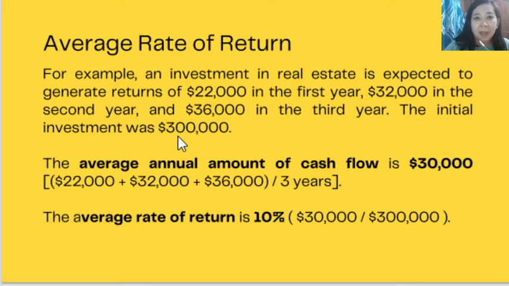Just like what we have explained in the definition of the average rate of return, in order for us to calculate this rate, first we will have to compute the average annual amount of cash flow. Following the formula, we are going to add all of the expected cash inflows based on the data.